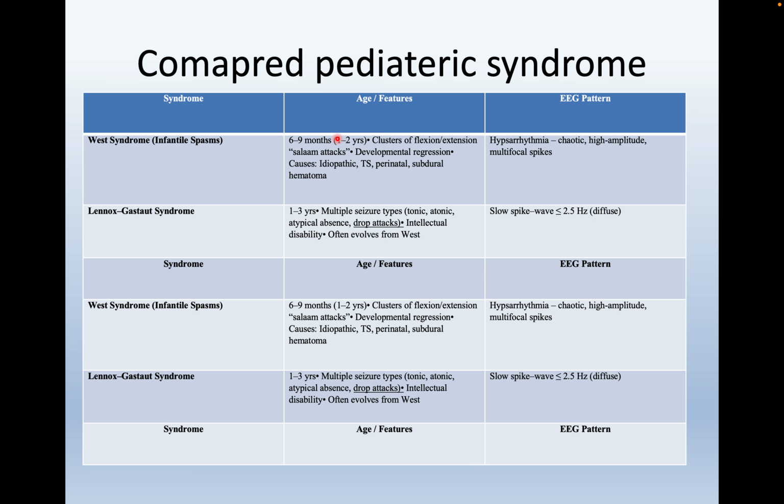And here, if you would like more detail regarding West syndrome and how you can differentiate between the syndromes, like age, features, EEG pattern, and a quick comparison, you can study from here to easily make a comparison between the different types. West syndrome: salaam attack, developmental regression, and causes such as idiopathic, tuberous sclerosis, prenatal or subdural hematoma, hypsarrhythmia, chaotic high amplitude multifocal spikes.